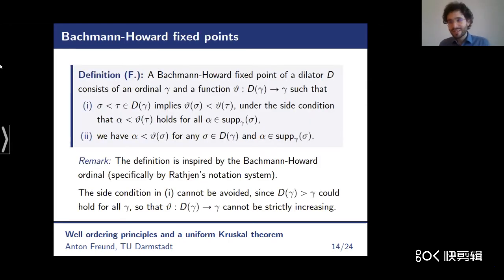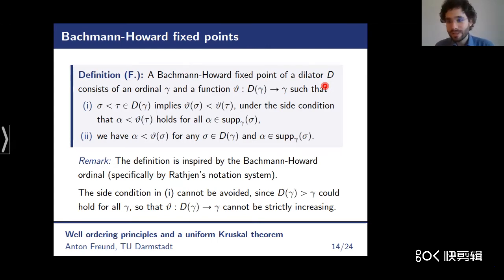Okay, and now let's come to one of the main notions of this talk. This is the notion of Bachmann-Howard fixed point. So yeah, the idea is that we want to take an arbitrary order transformation as input, and then out of this order transformation, we want to generate another order as output.